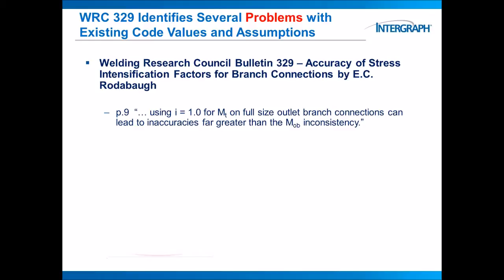I'm not going to go through all of these, but here's just a few of the highlights. For example, using an intensification factor of 1 for a torsional moment can lead to inaccuracies greater than the outer plane branch inconsistency that was just mentioned in note 11.